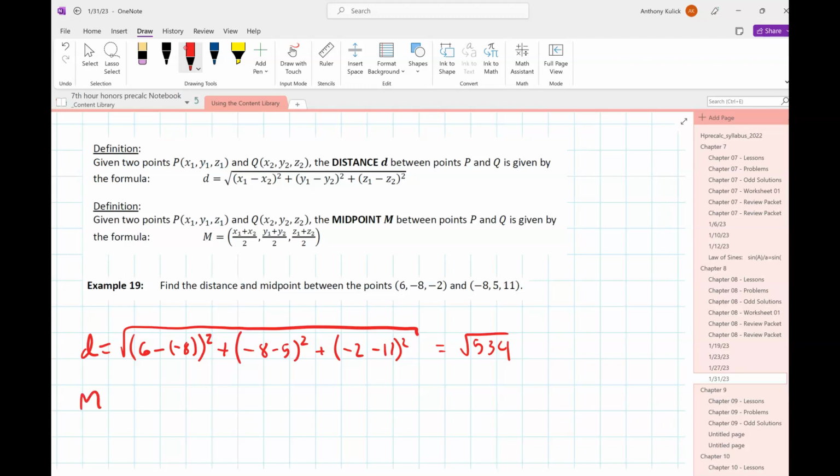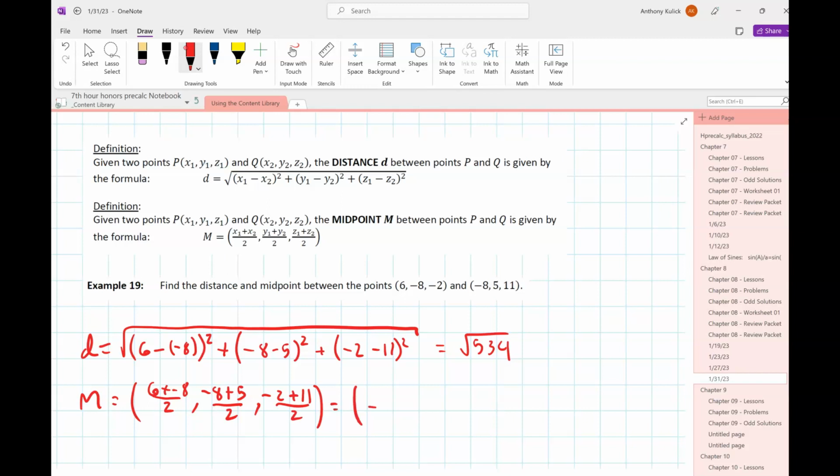And then for the midpoint, we just take the average of the x's, the average of the y's, and the average of the z's.